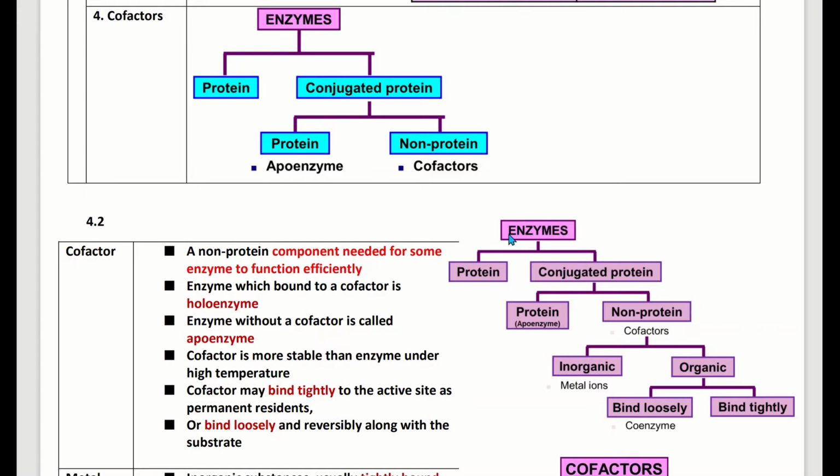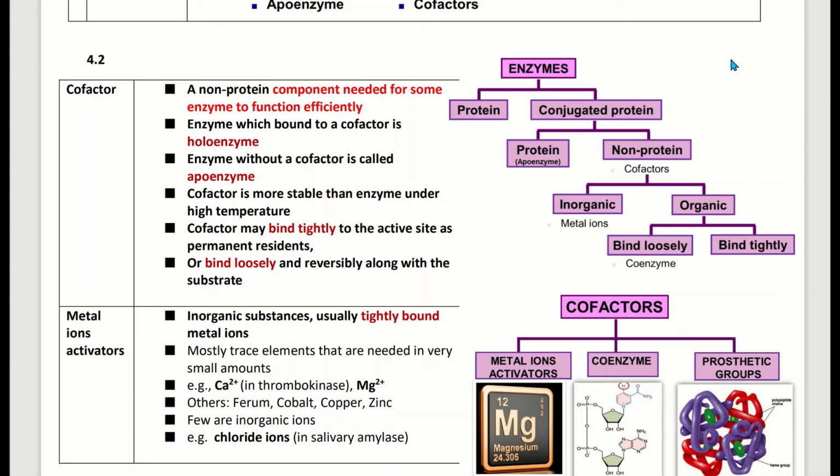Okay, so enzyme kita boleh bagi kepada dua lah, protein ataupun conjugated protein. Conjugated ni maksudnya ya, dia work together with another component. Okay, so kalau conjugated protein that work together with protein, we call it apoenzyme. Okay, so enzyme without a cofactor is called apoenzyme.